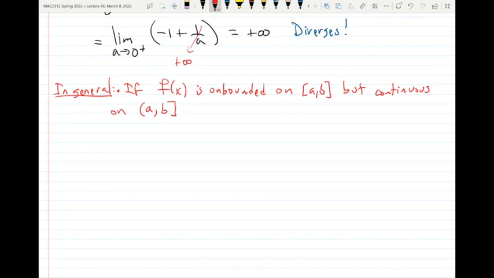Basically, what am I saying here? If I say that the function is unbounded on the closed interval, but it's continuous on the half-open interval not including a, what am I technically saying? It's unbounded at a. The problem is at a, right?